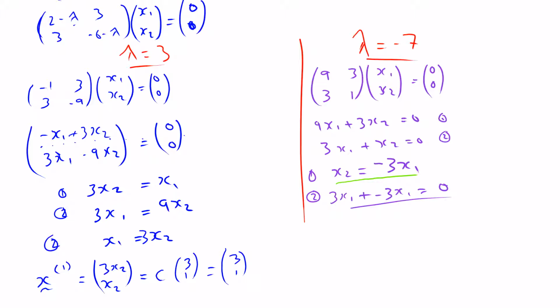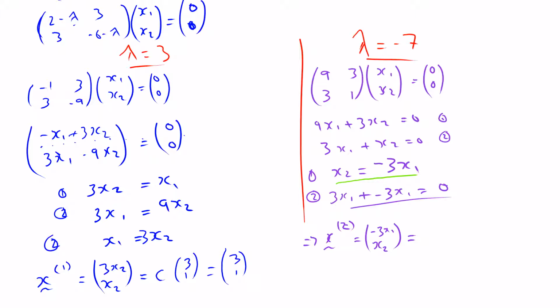So therefore our second eigenvector is going to be x1 and minus 3x1.